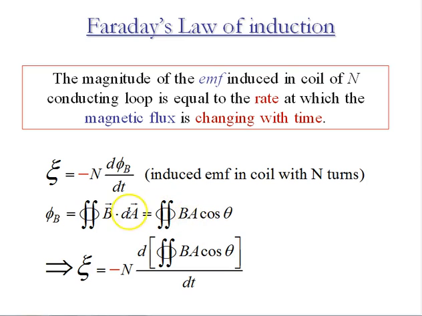So that's where we can expand our dot product, B dA cosine of theta, where theta is that angle difference if we have a closed loop. The area vector is normal to the cross-sectional area. If our magnetic field is pointing off in this direction, that would be our theta.